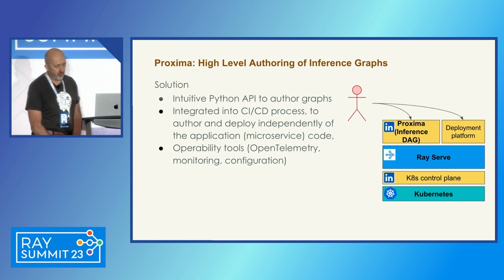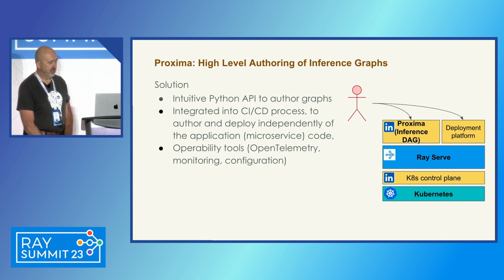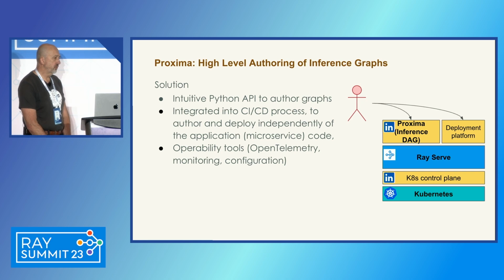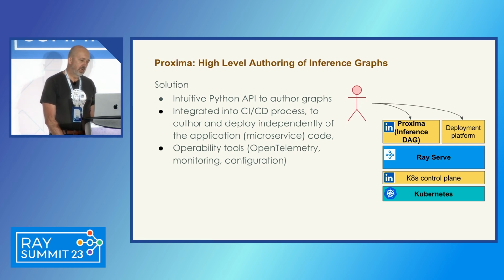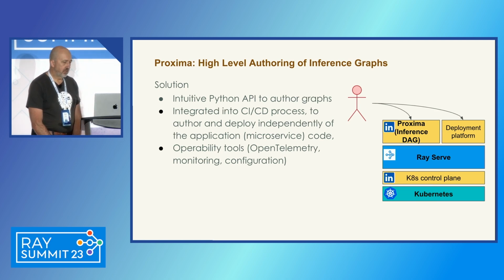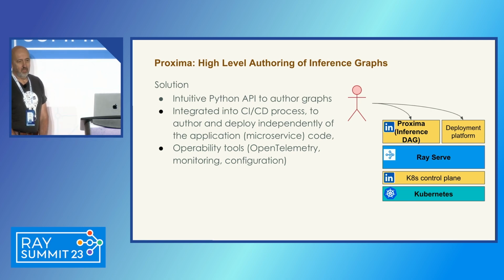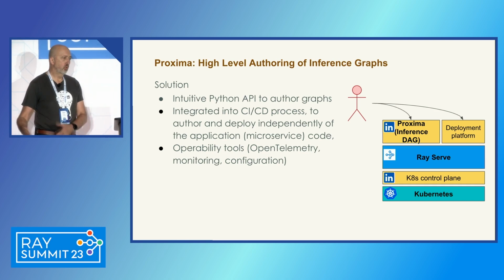In order to configure those DAGs, we chose to use Python, which we feel is intuitive for AI engineers. It is integrated into the CI/CD process, and that allows AI engineers to do their work independently and not depend on production application engineers to deploy their models or their graph.